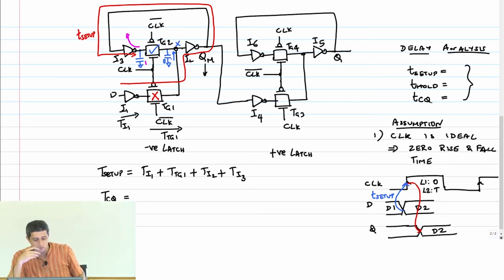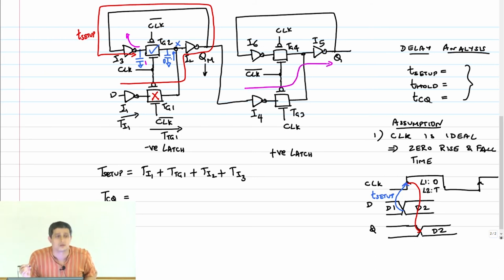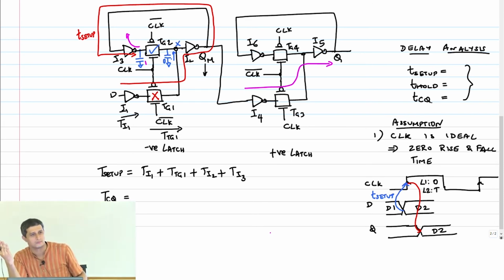Right? So what do you think will be the I4 plus TG3. Okay, so you're saying that this is that right? Now we don't have to worry about feedback path because L2 is transparent.